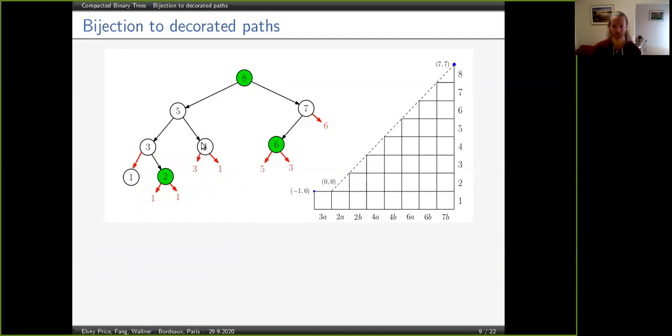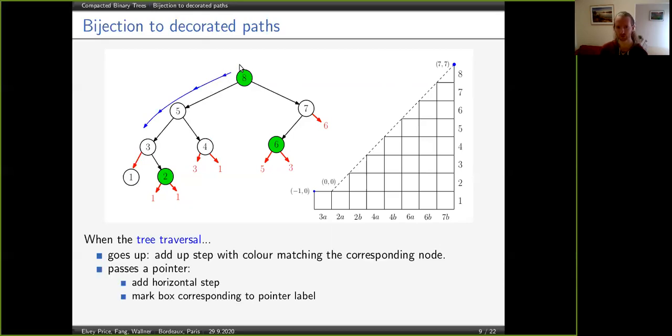All right. So now we have a tree, and there are plenty of ways to biject a tree into a Dyck path, which is what we do here. So we draw a traversal in blue around the outside of the tree.